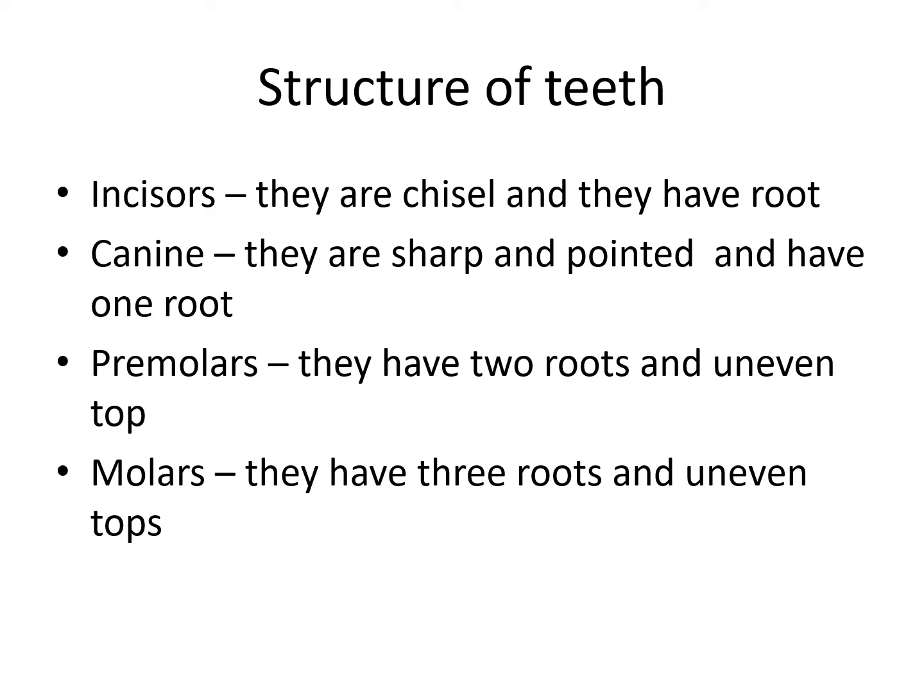So the tooth has a gum, and inside the gum is where we have the root, and on the upper side, the white part is the crown, and in the middle where we have gums, it is the neck. That is the structure of how a tooth looks.